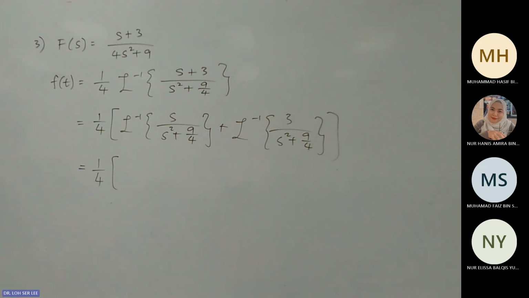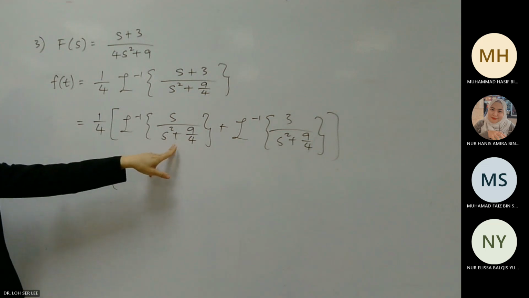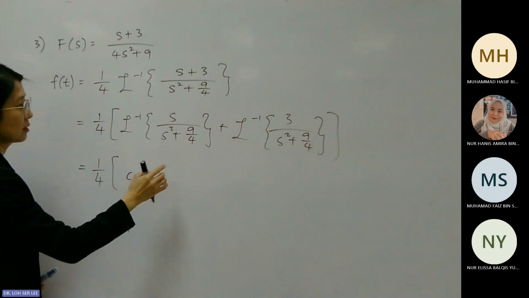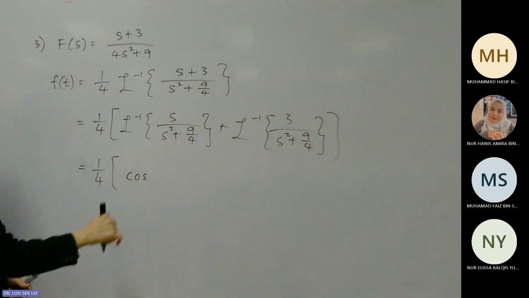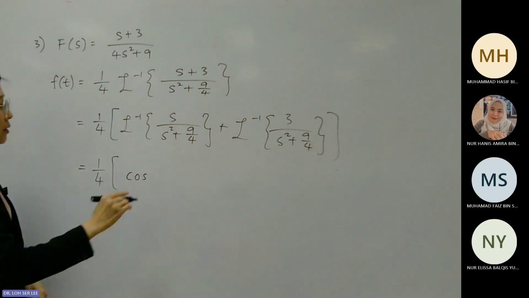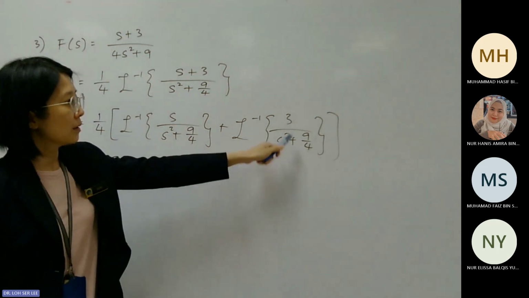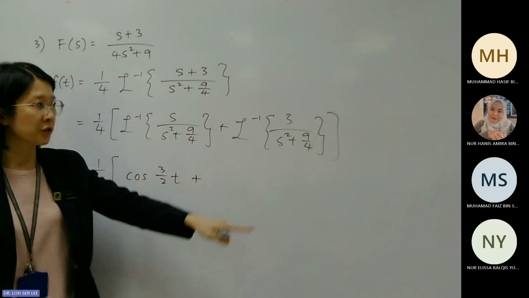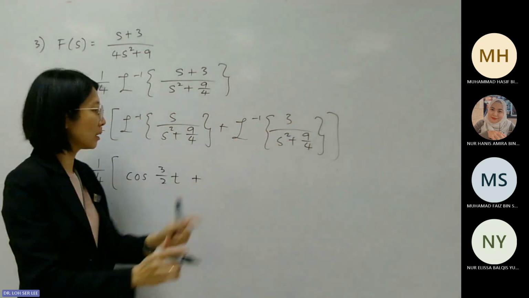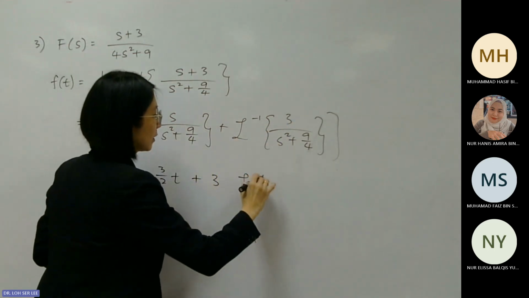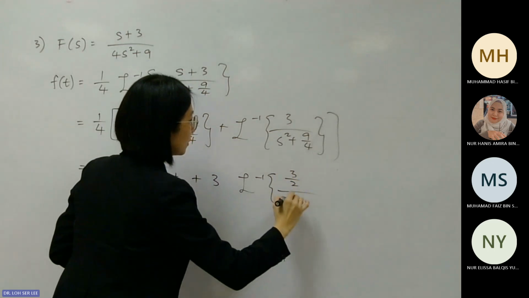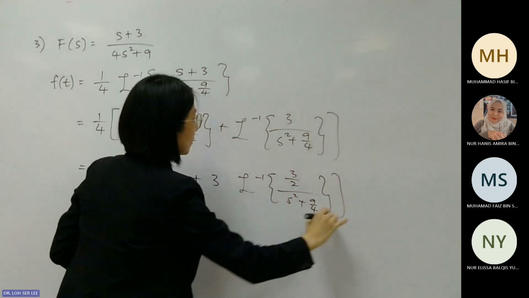So this is, what function is this? Cos, a is 3/2t, plus the second term. This one, your a is 3/2. We need 3/2. We don't want 3. So take out the 3, insert the 3/2. We put 3/2 there.